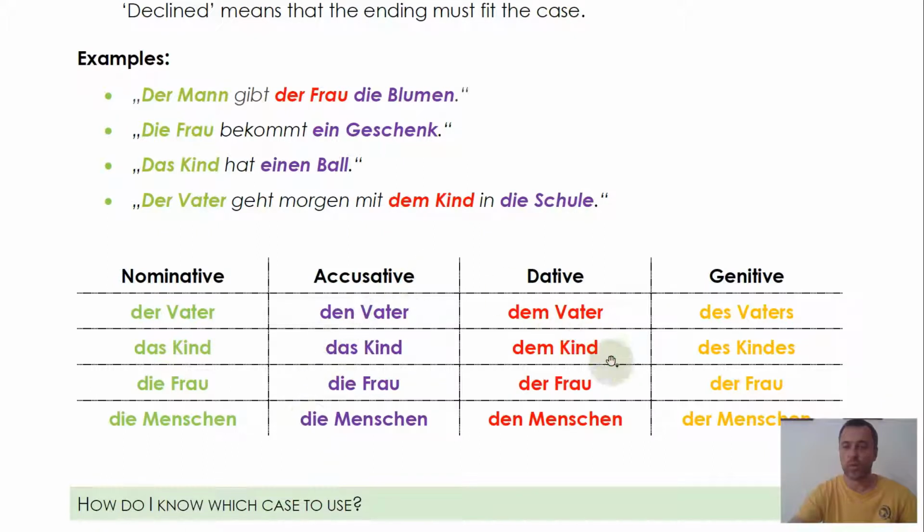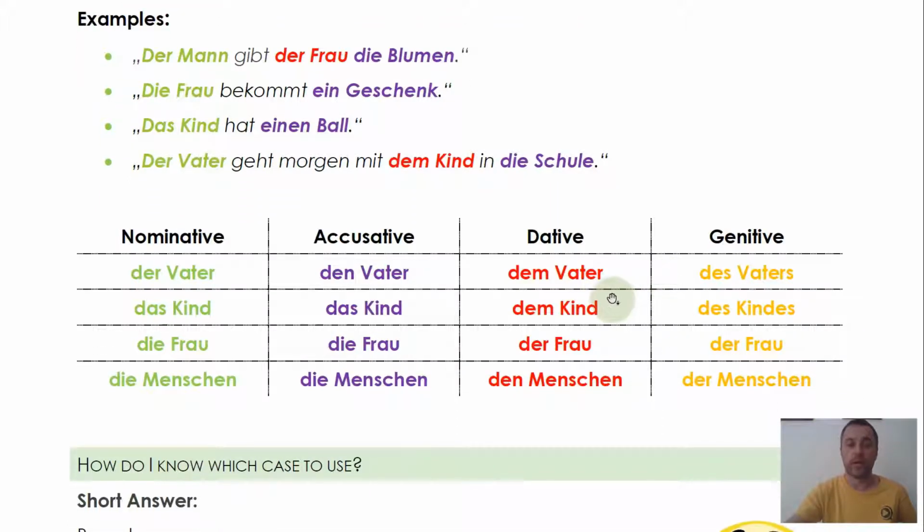There's a short overview here, but for declension itself, I have separate videos. I will link that in the info cards for you, where I explain declension in detail for all the articles and also adjective declension, because it's very important that you understand how it works.